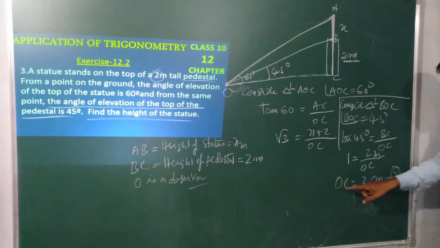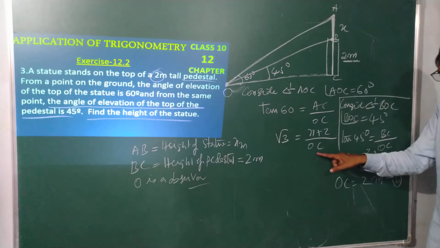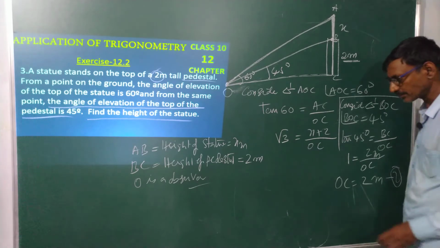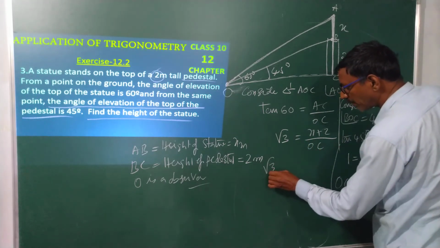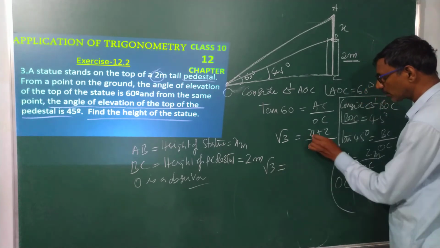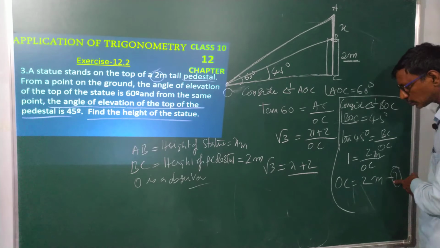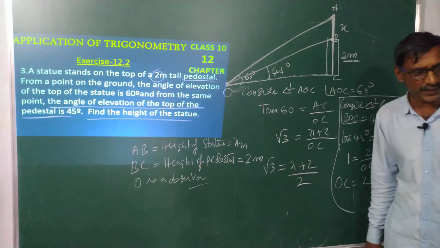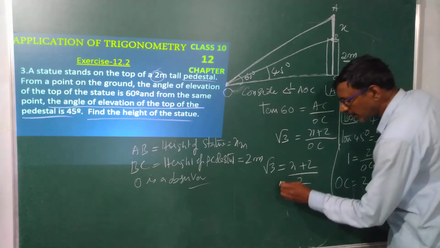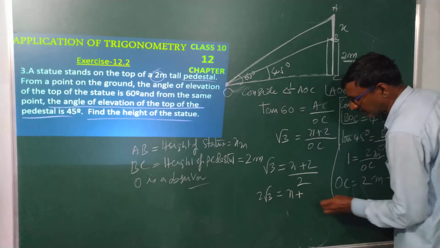Now I have OC equal to 2 meters. So root 3 is equal to x plus 2 divided by 2, since my OC value is 2. The 2 in the denominator will go to the other side and multiply. Therefore 2 root 3 is equal to x plus 2.